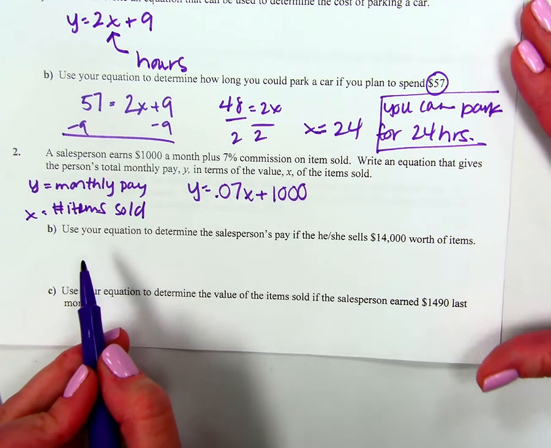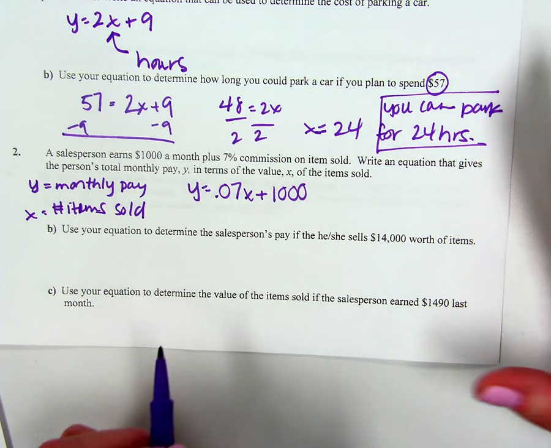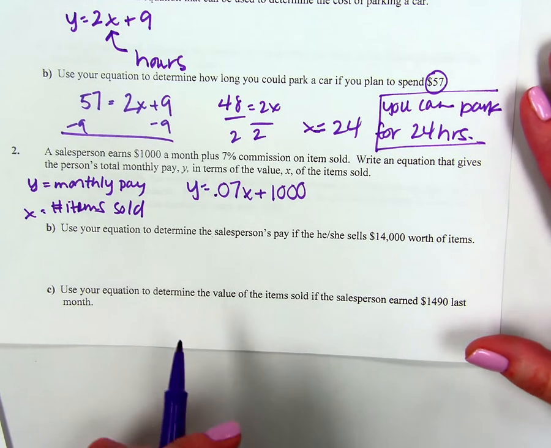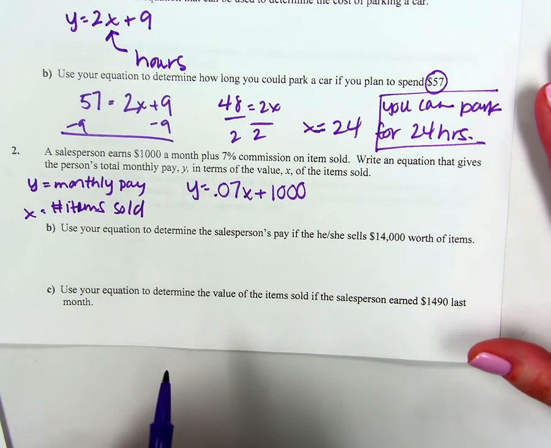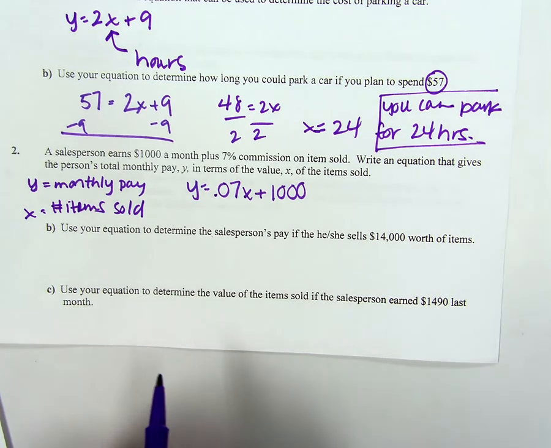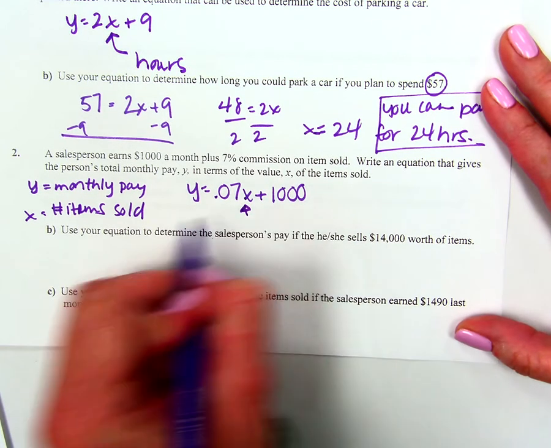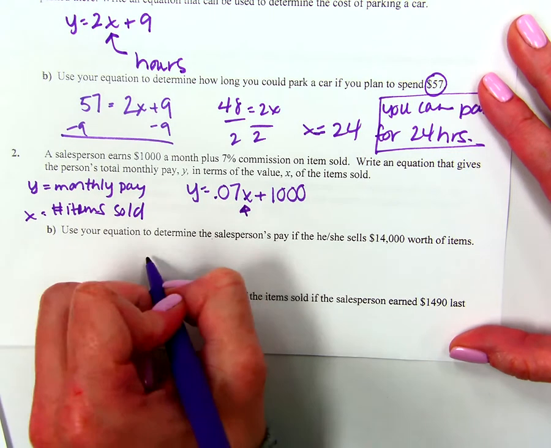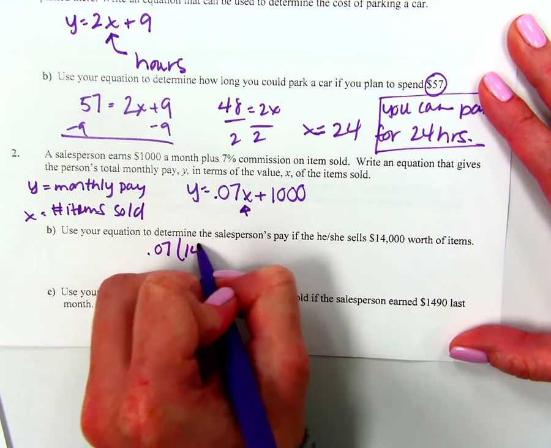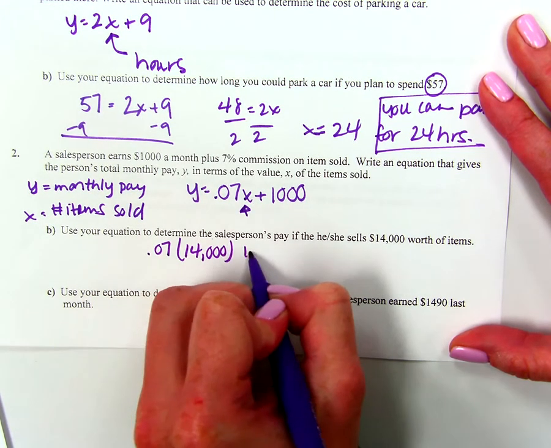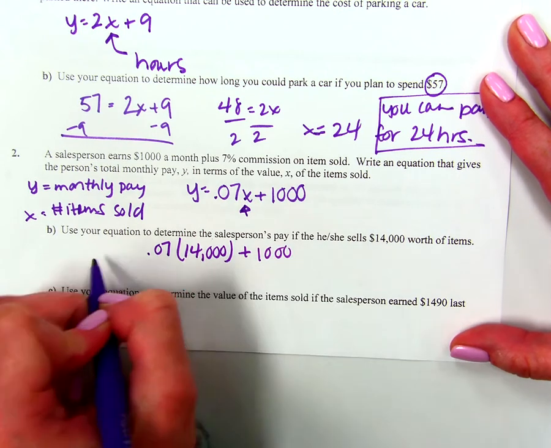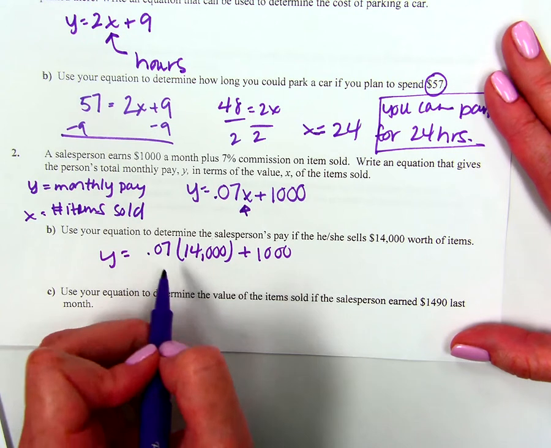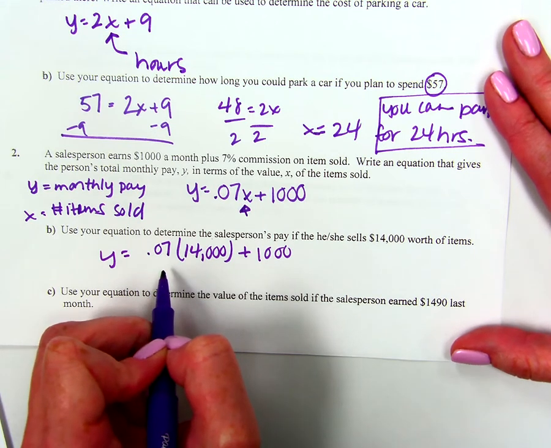For B, it asks us to use the equation and determine the salesperson's pay if he or she sells $14,000 worth of items. We're going to take that number and plug it in for our x. That's the number of items sold, right? So we'll do 0.07 times $14,000 worth of items, plus 1,000.